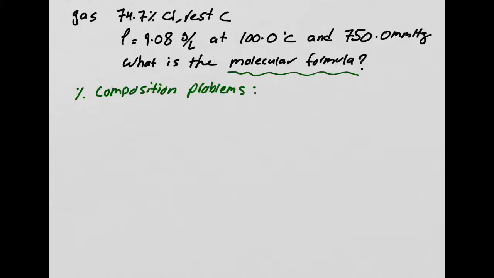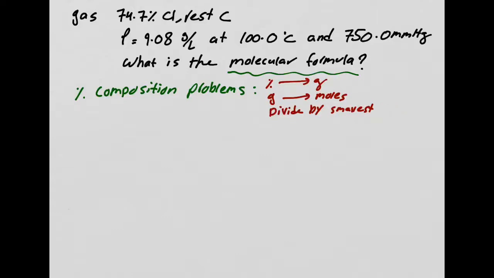The way to do this, I always like to give people rules. You would go from percentage to gram. You would convert gram to moles using molecular weight. And then you would divide by the smallest number of moles.